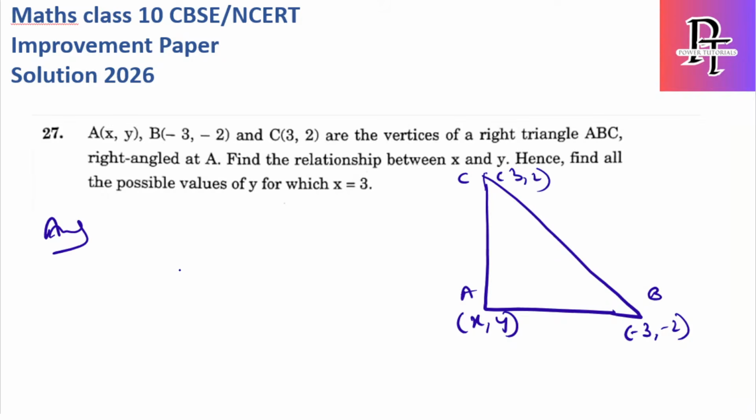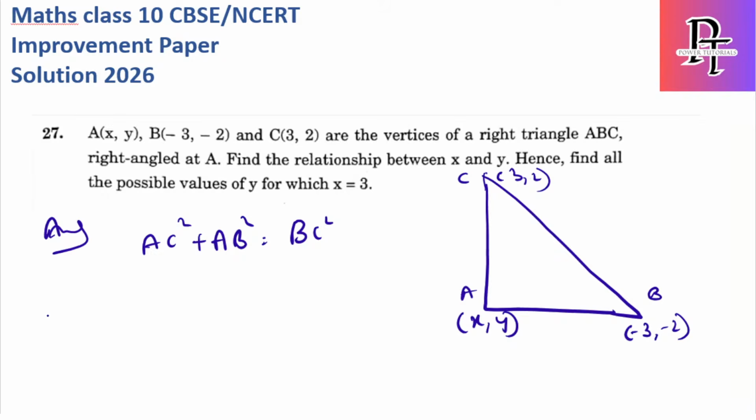For a right angle triangle, what is the criterion? The sum of squares of two sides is equal to the square of the hypotenuse. So I can write AC square plus AB square is equal to BC square.